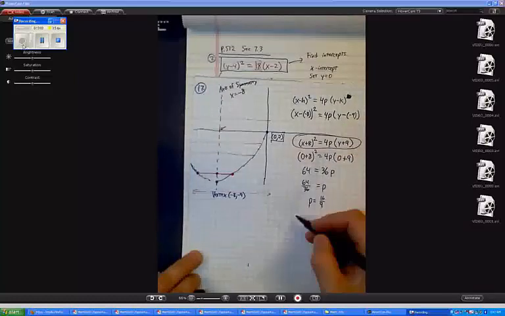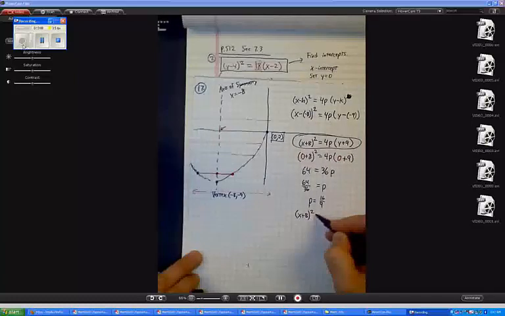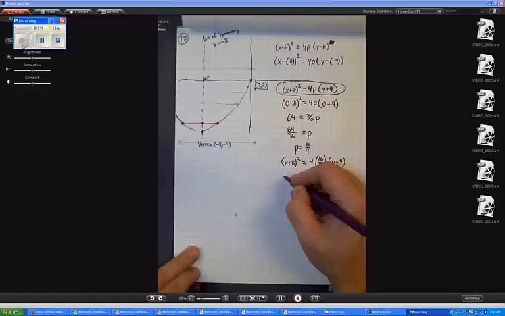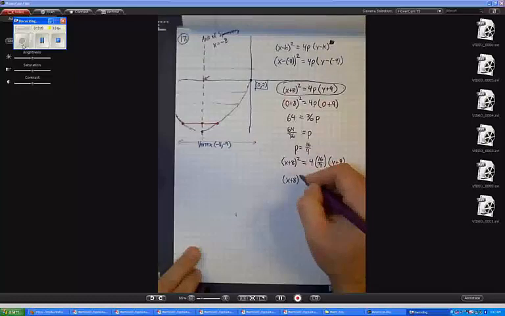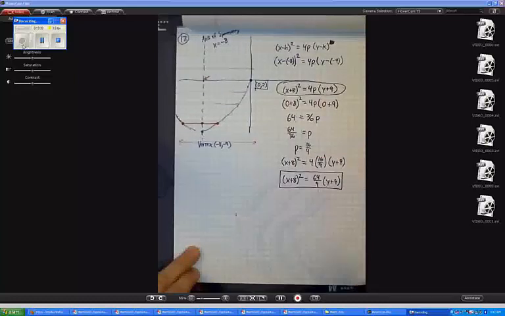So we can write (x + 8) squared is 4 times 16 ninths times (y + 9). And so my final answer is (x + 8) squared is 64 ninths times (y + 9). Those are good problems to try.